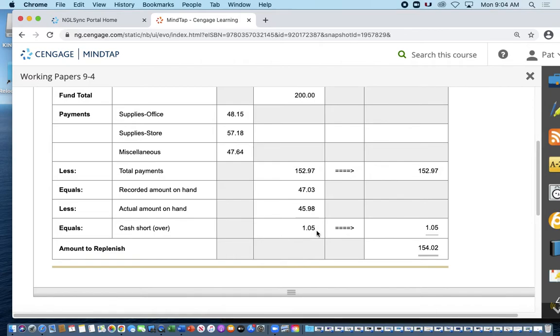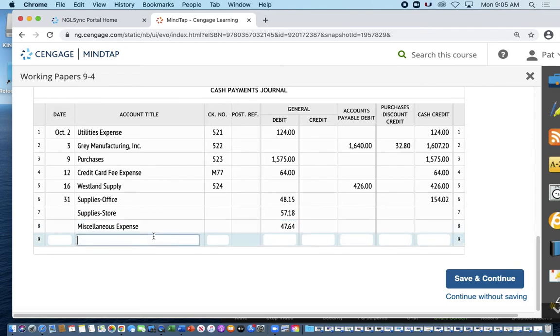And remember, when we said cash short and over is the account, right? And if you did a T account, cash short's always debit, cash over is on the right side, it's credited. So we know it's short because it's not negative, right? So it's on the left side. So we will put the words cash short and over.